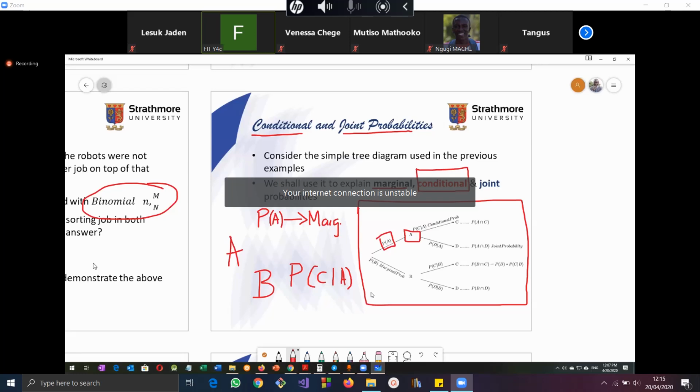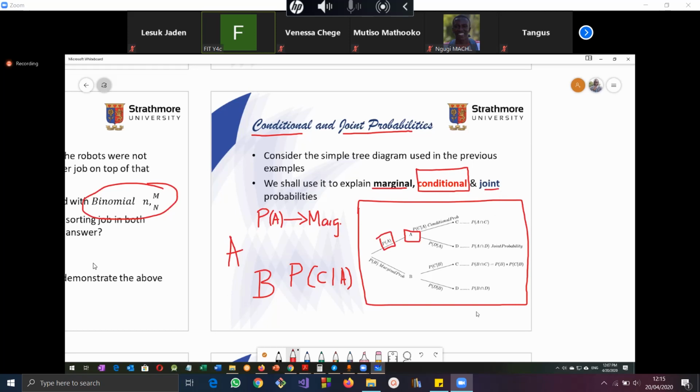Good. Then finally, the joint probability. This is a term also you're going to meet. Joint is also easy. You can see here, joint probability is just saying probability of A multiplied by probability of D happening.